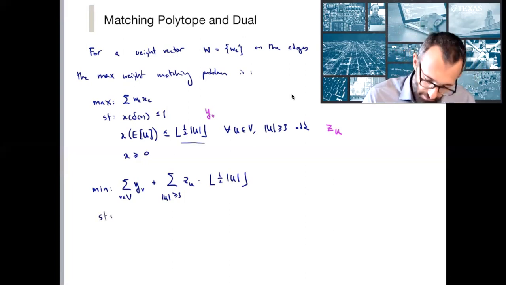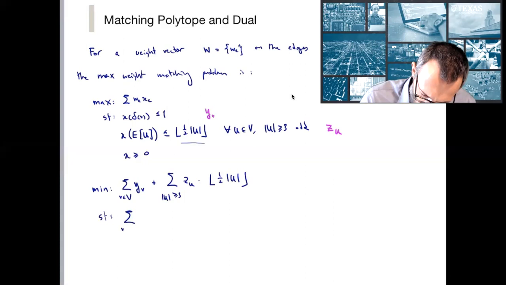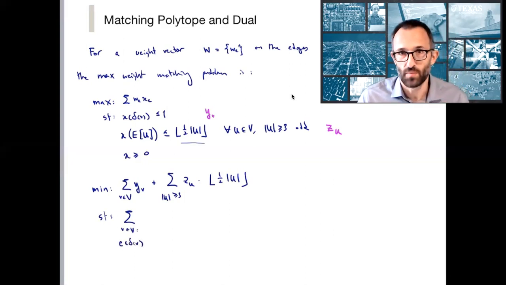Subject to the sum over all V in V such that E is an element of delta of V, which means all vertices.